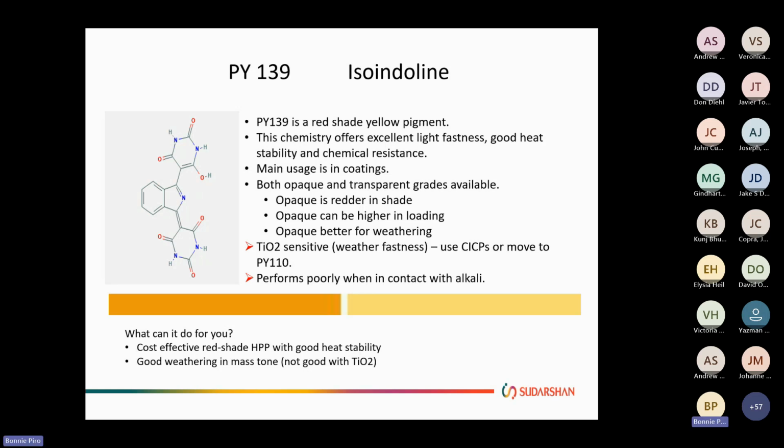So in this particular case, if you need to be in the more medium to pastel areas, we always recommend considering Pigment Yellow 53 or moving to a Pigment Yellow 110, which we'll discuss in a bit, to get that exterior weatherability.